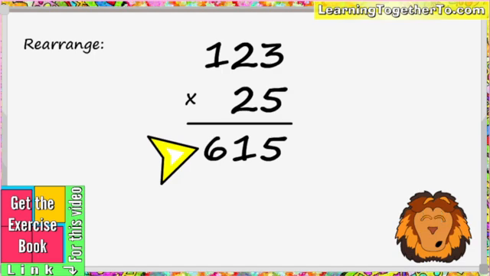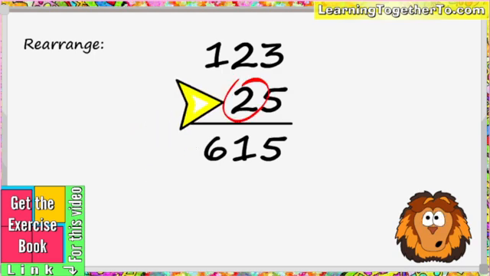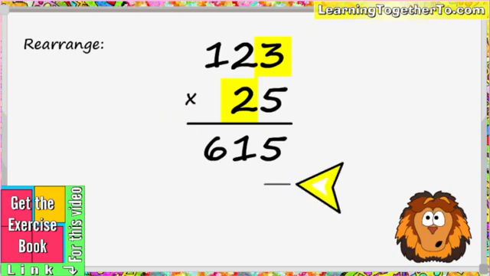Eric, now we're going to multiply every digit in 123 by 2. Again, starting with the 3 and working our way left. Eric, before we multiply, let's write a dash underneath the 5.